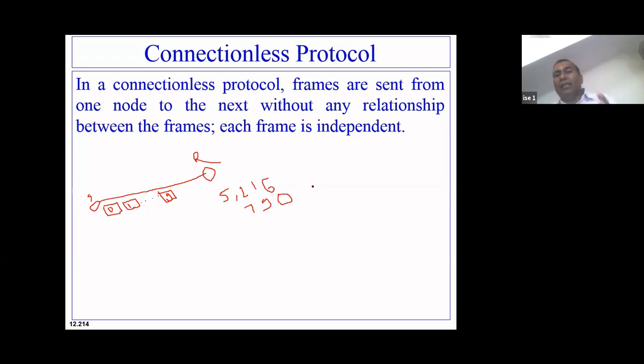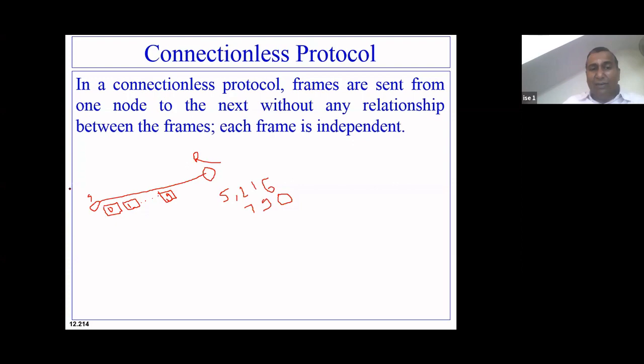That means each frame is treated as an independent entity, and they are received by the receiver not in the order in which they were sent. Such a process, in which the frames are sent in a particular order but not received in the same order, is called a connectionless protocol.